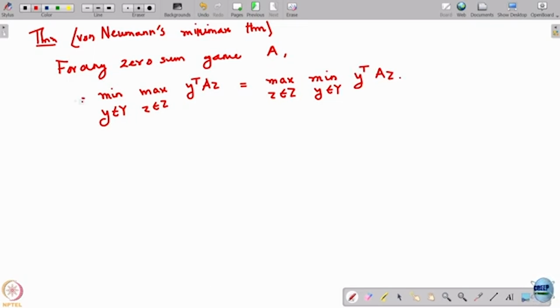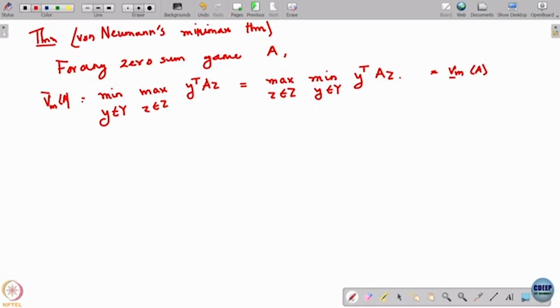So, remember this here was the upper value and this here was the lower value. Okay. So, we are going to prove this.